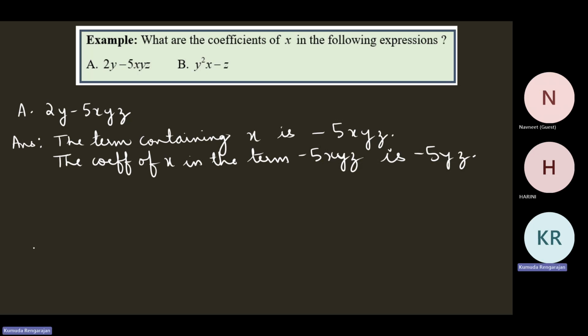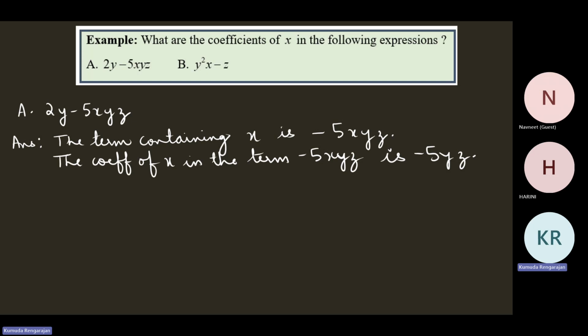Do we understand or no? Yes, ma'am. Navneet, probably you're getting confused with something else. So this is what it is. When an expression is given, you should find the terms that have x in it. So here only the second term has x.